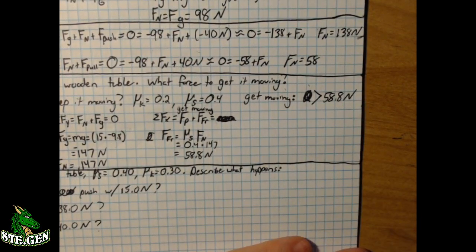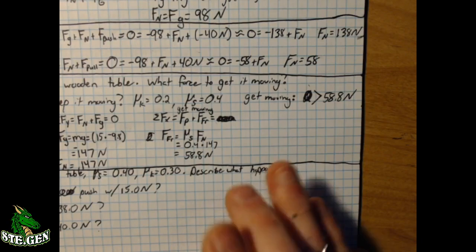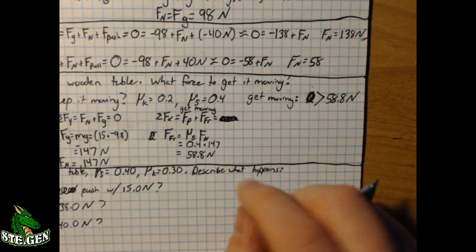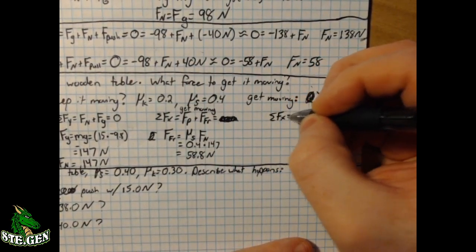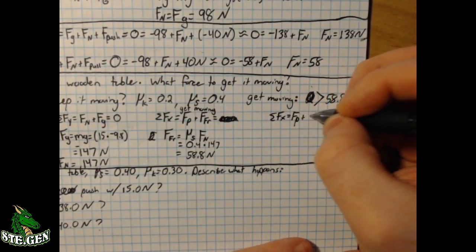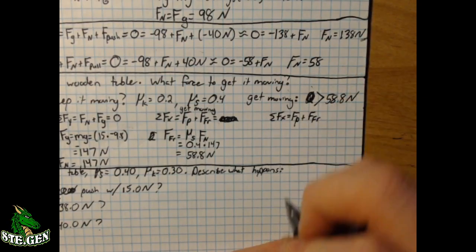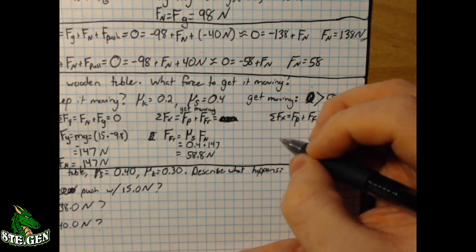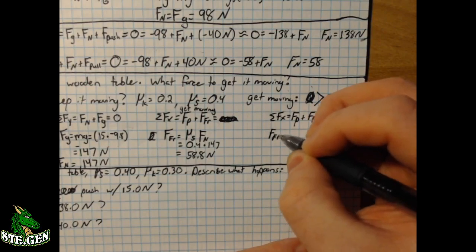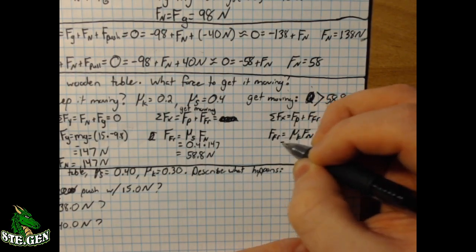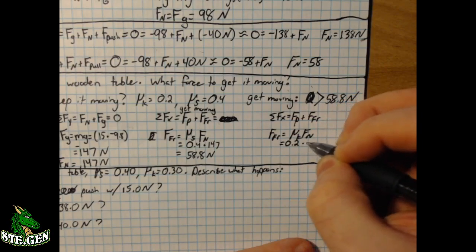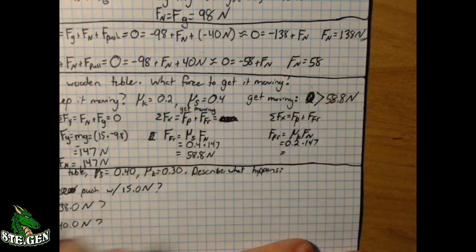Once it's moving, if you just want to maintain and overcome the kinetic friction, you will need to do the same problem. But this time, our force of friction is going to be the kinetic friction times the normal force, which is 0.2 times 147.